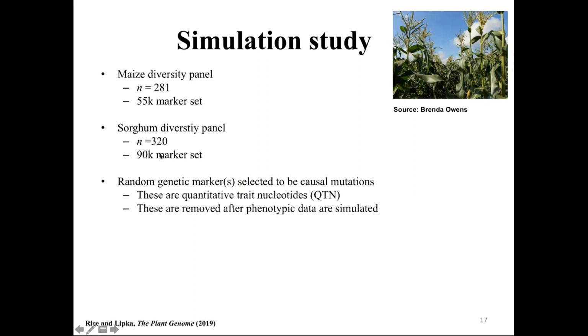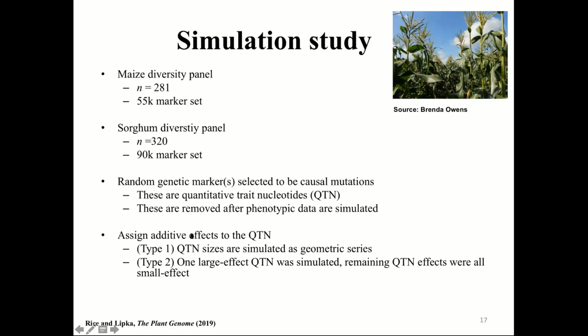And so similar to the simulation study before, we randomly selected a subset of these markers to be quantitative trait nucleotides. And then we simulated our traits in two different configurations. One is a classic complex-ish kind of trait where you had QTN effect sizes that got progressively smaller and smaller and smaller.